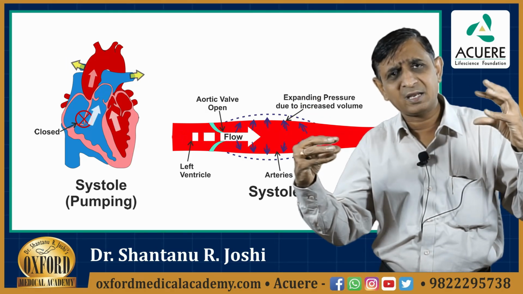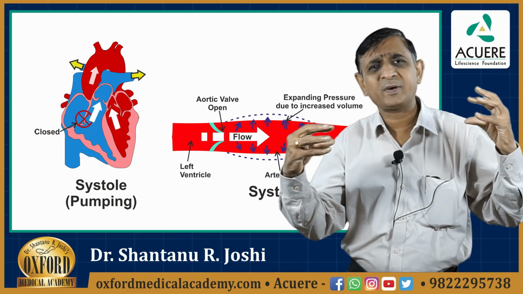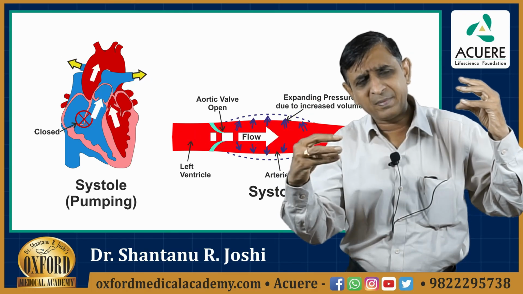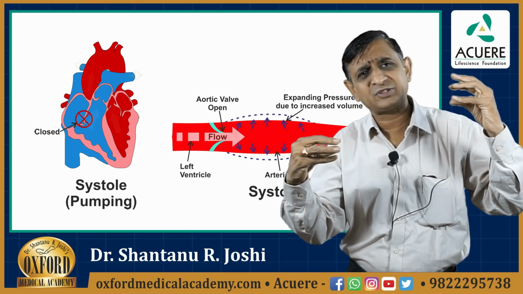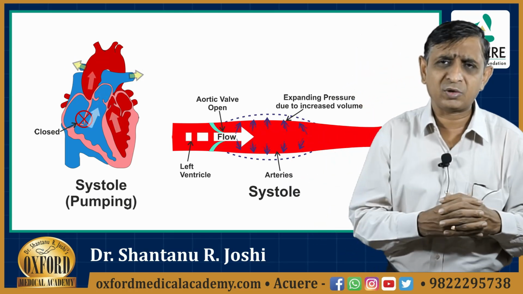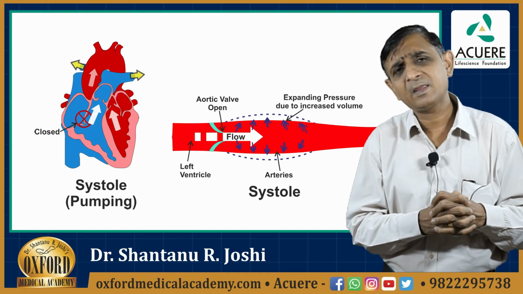When the heart contracts, the force is opposed by the elastic wall of the vessel. The pumping by the heart, opposed by the elastic tree of the vessel, is responsible for the generation of pressure, and that is what we call systolic blood pressure.